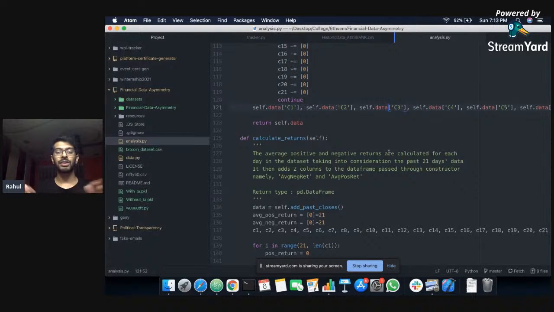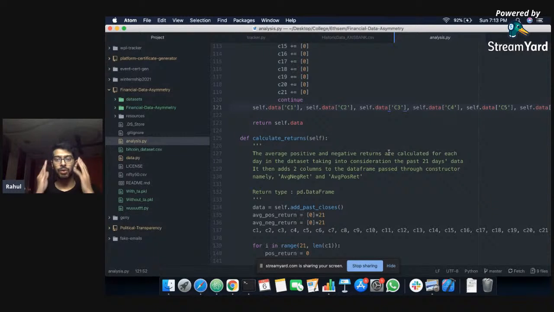And now let's assume that the stock price is 460 today, and tomorrow it becomes 449. Okay, so ideally this person has incurred an 11 rupee loss from today to tomorrow, right? But his net profit or loss is basically a loss of 1 rupee because he started with 450 rupees and currently the stock is at 449.